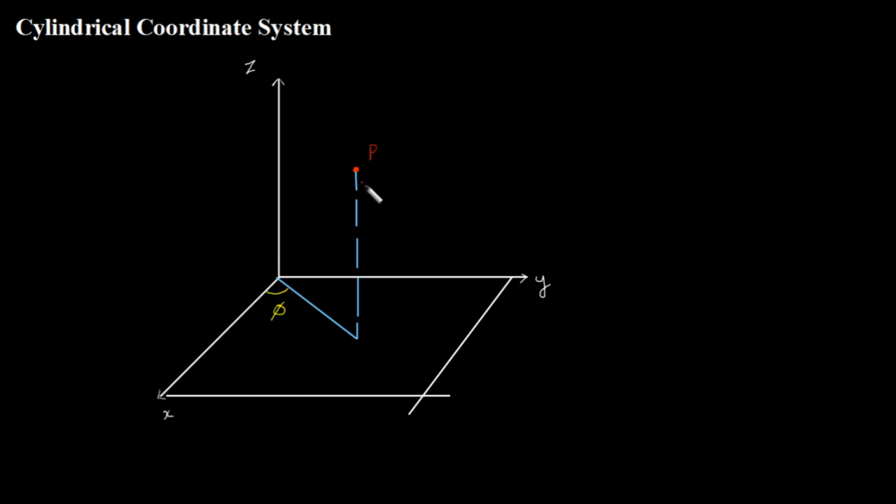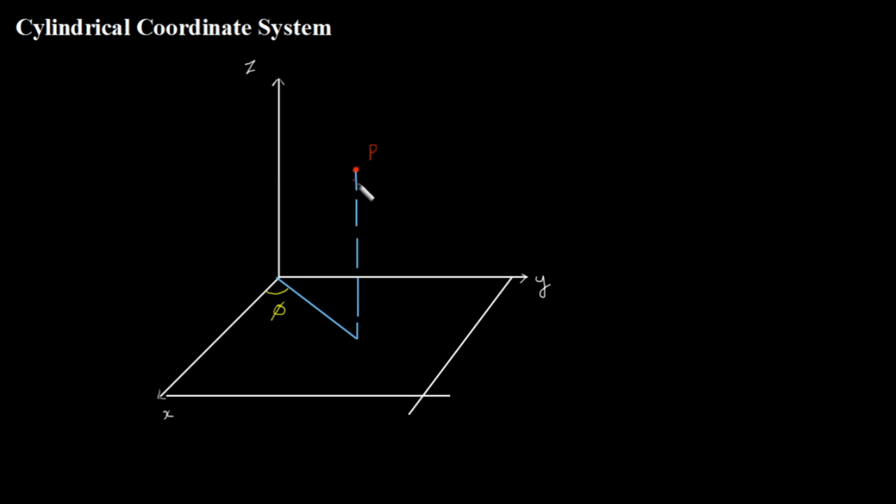So, I located point P in one sense, but that is not enough. I should know how far this point P is from the xy plane and how far from the z axis. I just came to know its location from the xz plane by this angle, but I do not know exactly how far it is from the z axis or from the xy plane.